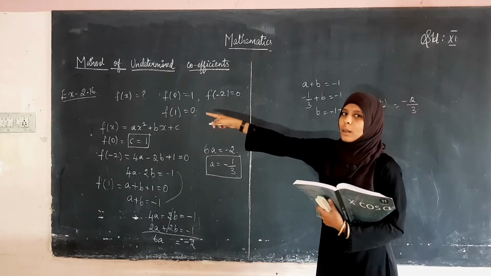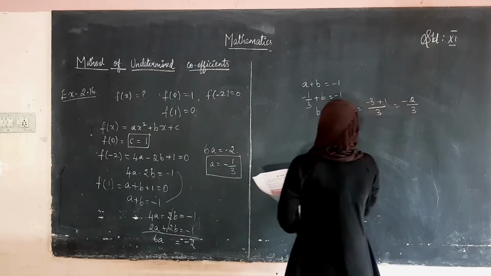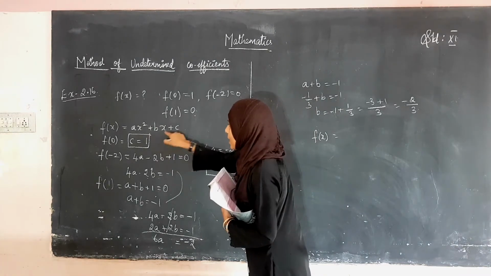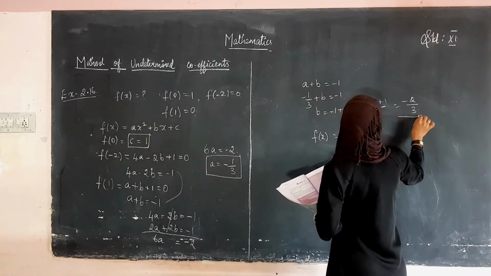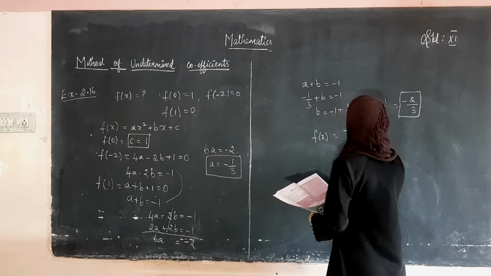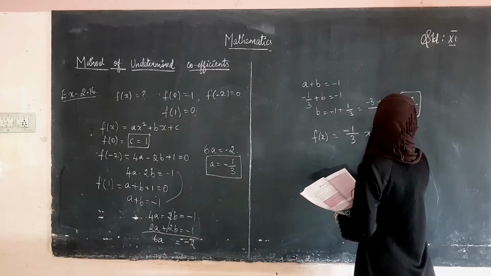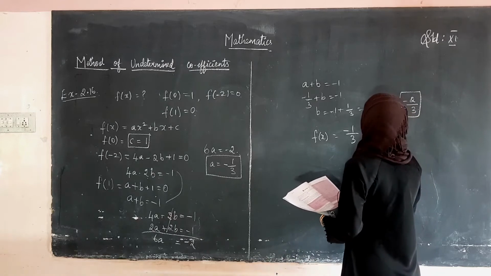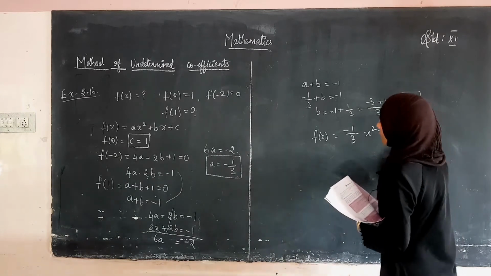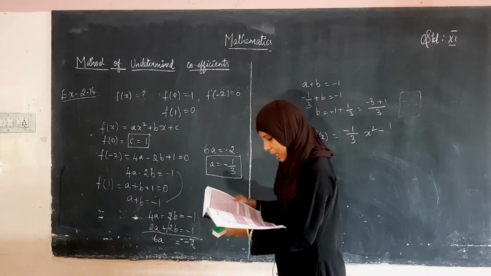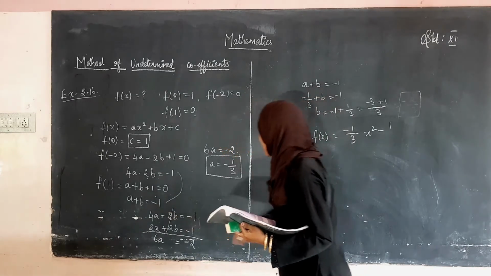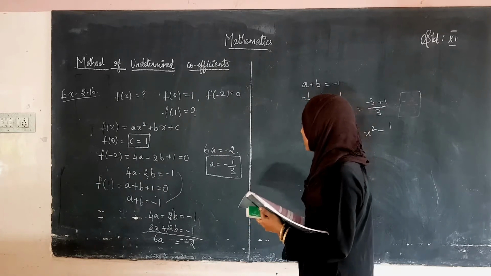So we have to find the quadratic polynomial f of x. We have to find the coefficients of this polynomial, a, b and c. See here, a plus b is equal to minus 1, right? What is the value of a? a is equal to minus 1 divided by 2.